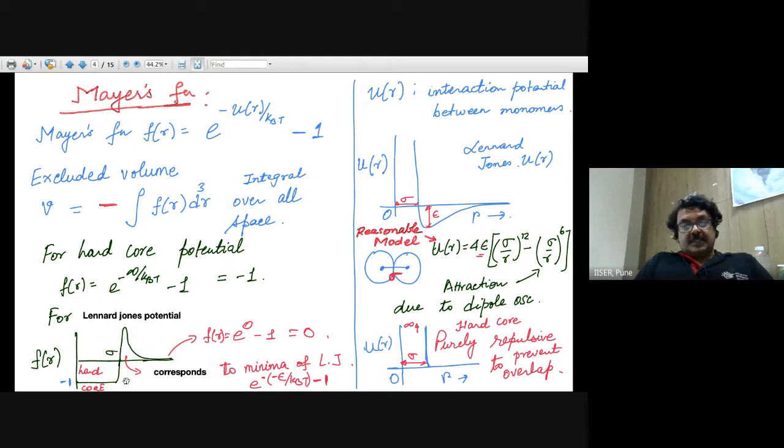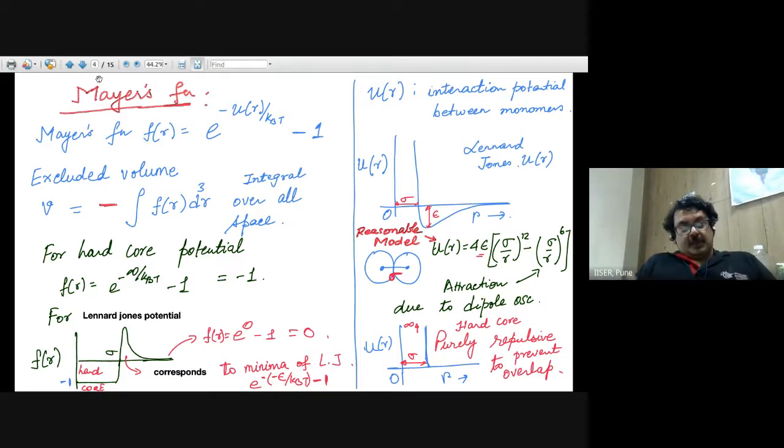But if there was an attraction, then the Mayer function would give such a positive value, right? If you had only hardcore, then you would only have minus 1 up till sigma, and then it becomes 0. On the other hand, if you have an attractive part as well, then you will get this peak, right? So the hardcore is purely repulsive to prevent overlap.